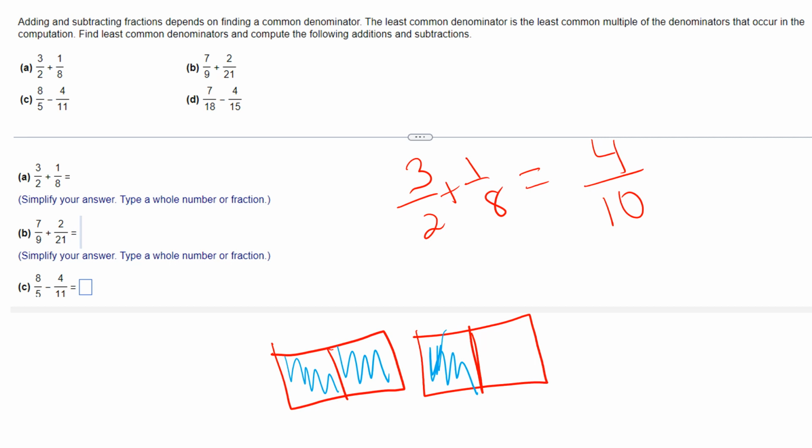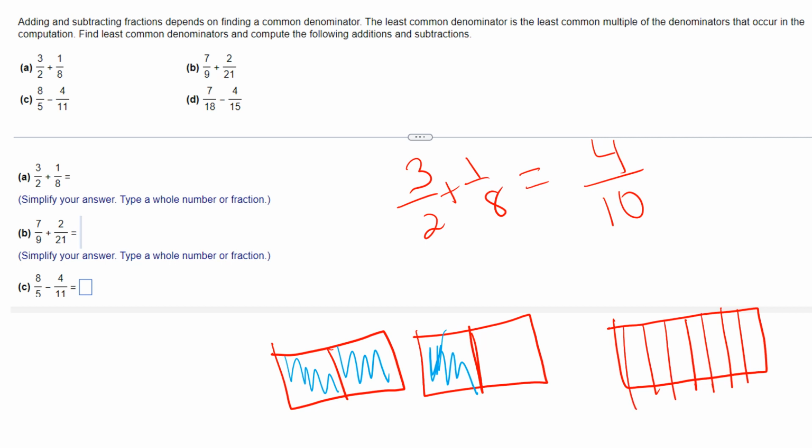Okay. So if I take a rectangle and cut it into eighths, so halves, fourths, now let me cut it into eighths. And I add that on, I know it's not perfect. Let's say I add that eighth on.